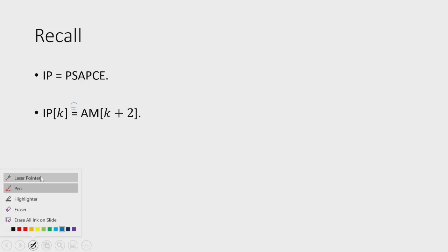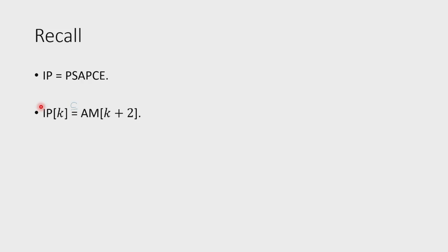What we can surprisingly show is that IP[k] is in fact contained in AM[k+2]. So the verifier hiding their random bits isn't that much of an advantage. That's all for recall. If there are no questions, we can move to the problems.